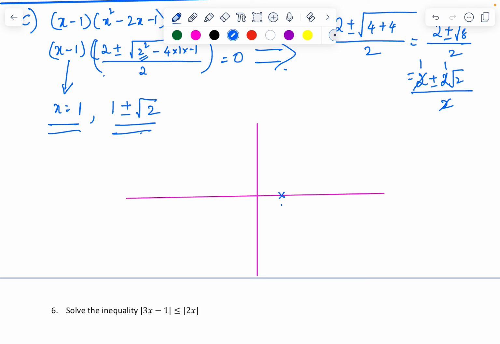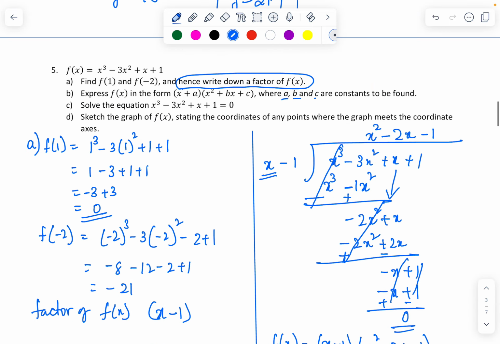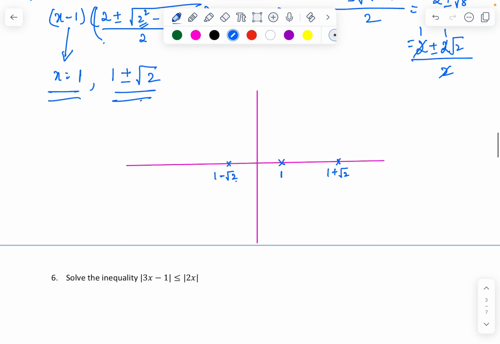I will write here, this is x equals 1, then x equals 1 plus square root of 2, and the other one is 1 minus square root of 2. So we can see that the shape is like this. And what is the y-intercept? The y-intercept is 1, so it must go through 1 here. So I will draw. So this is going to be our graph.